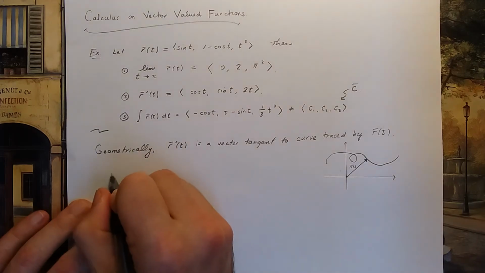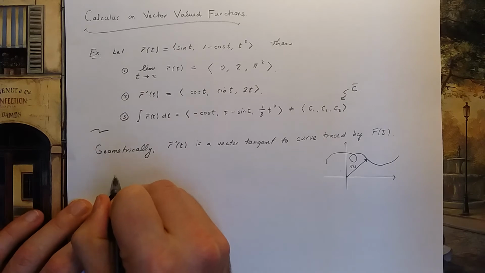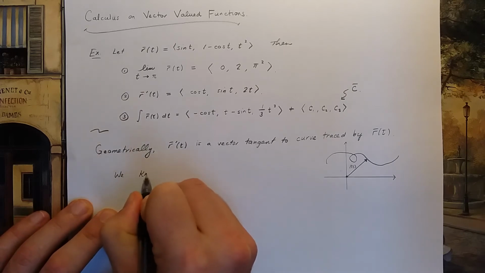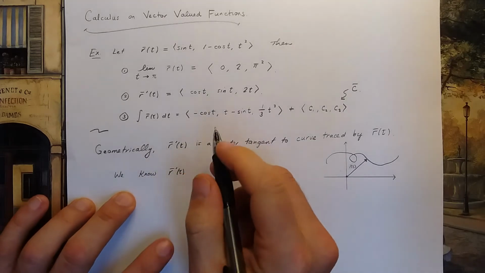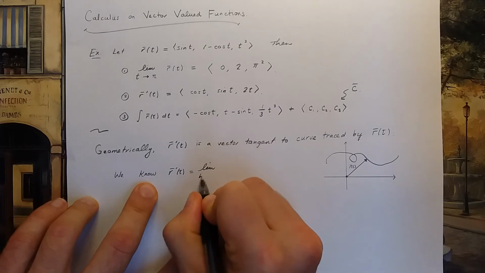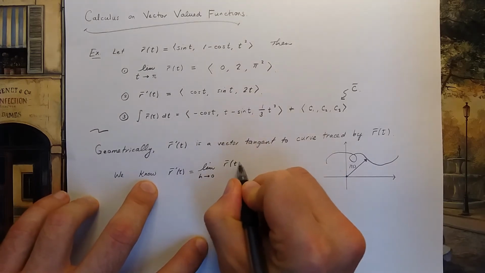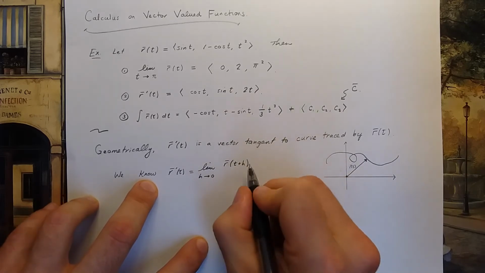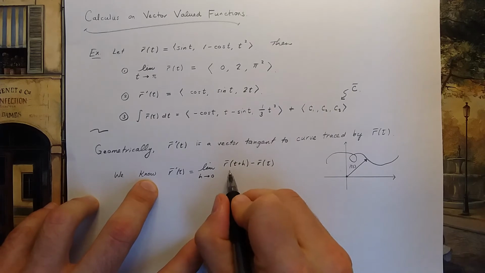Well, we know from calculus 1 that the derivative r prime of t is the limit as h goes to 0 of r of t plus h minus r of t, all divided by h.